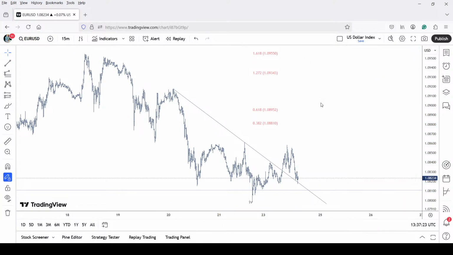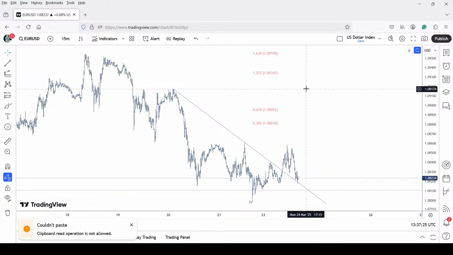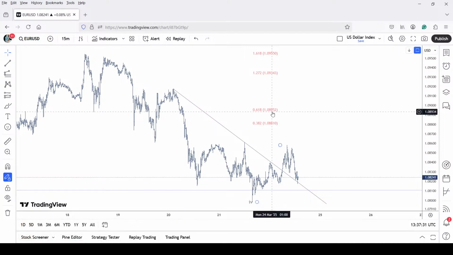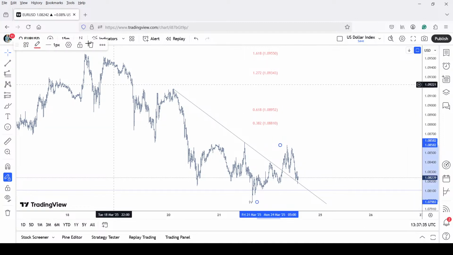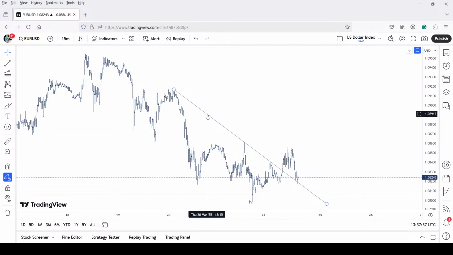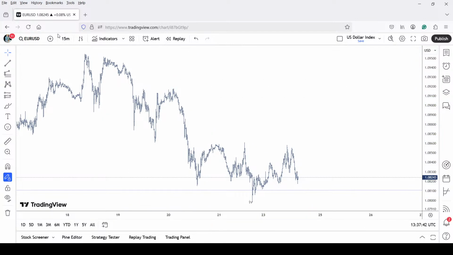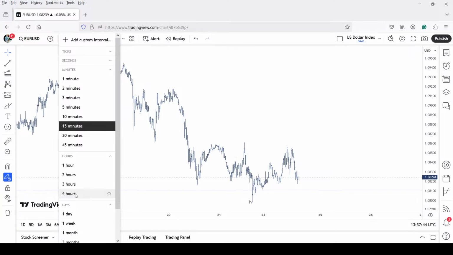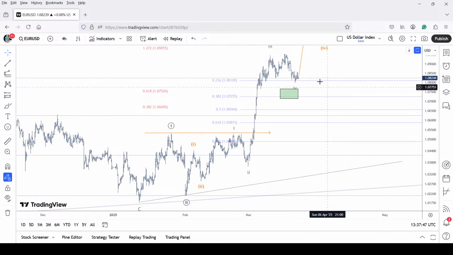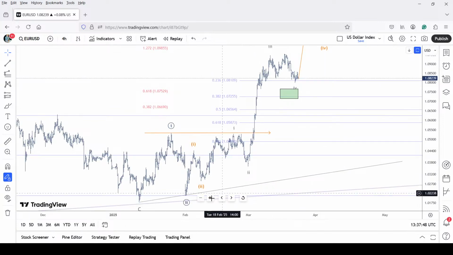All right, so Euro USD almost preparing for the next leg higher, and I think we've done the short-term analysis good. Let's go back to the 4-hour chart now, where we've got the larger degree wave counts set up in place.